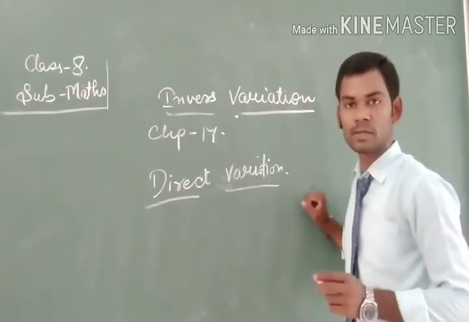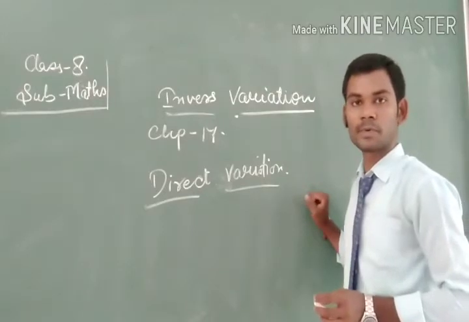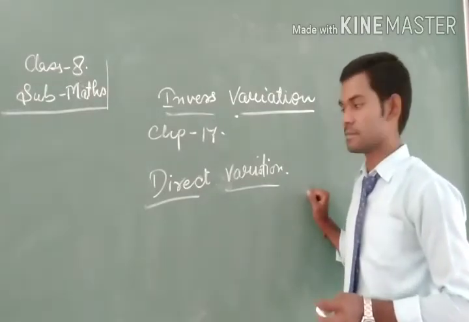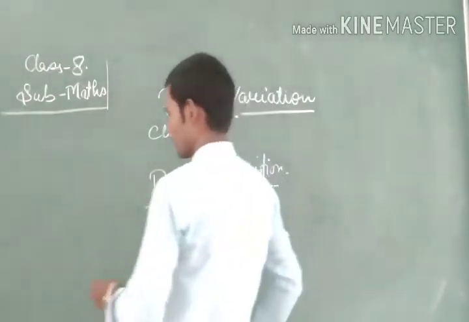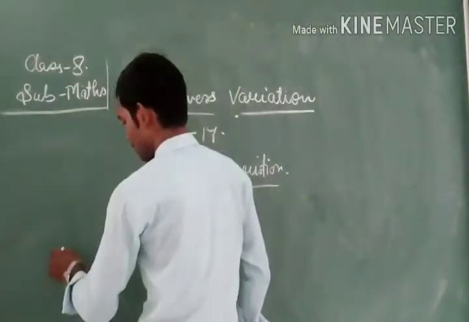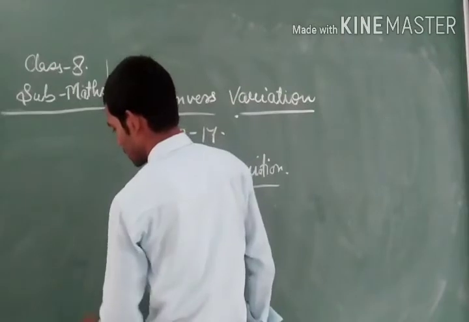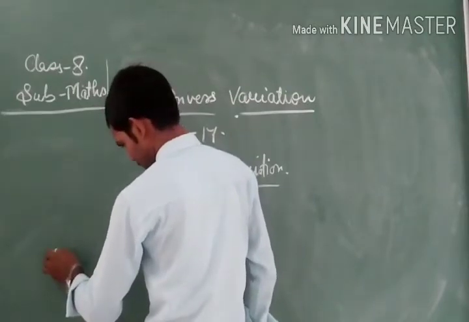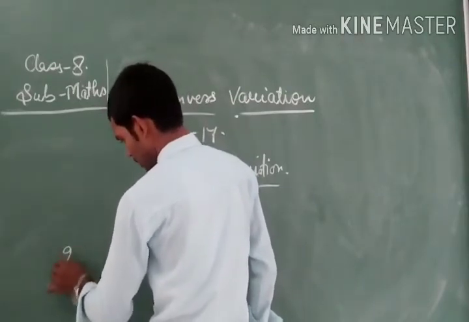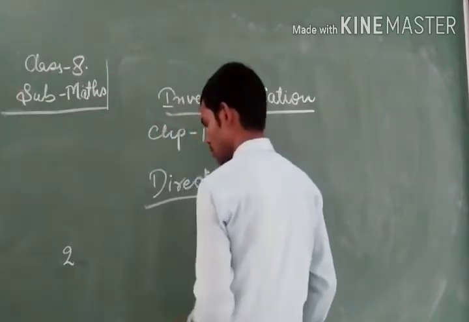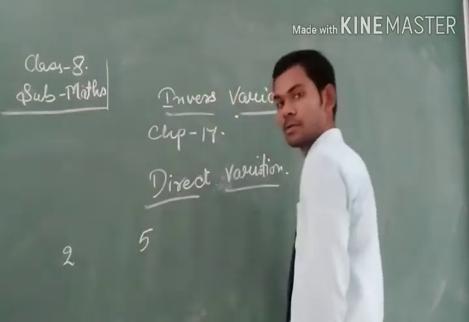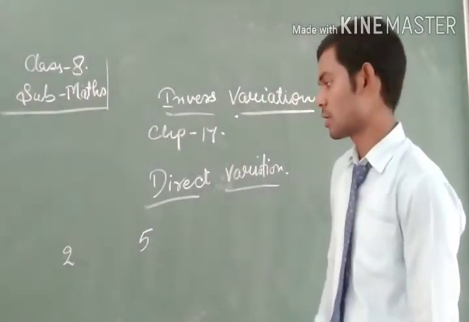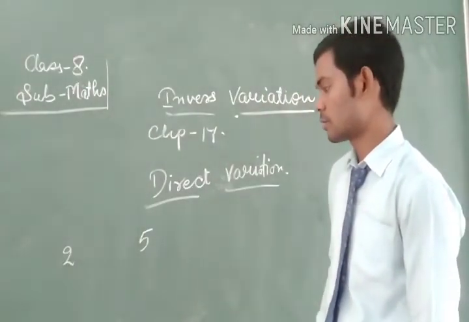Just suppose that if we increase any number by taking out an operation. Suppose that we have two numbers 2 and 5.